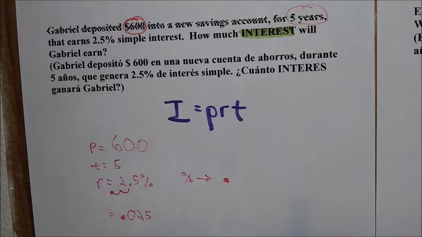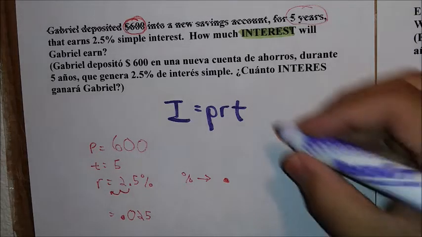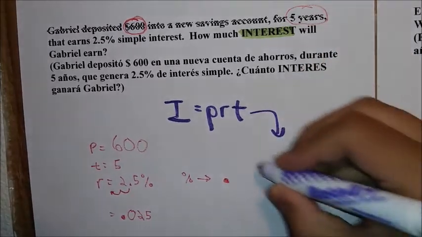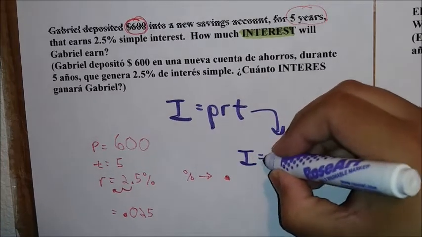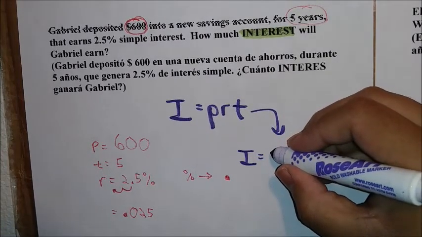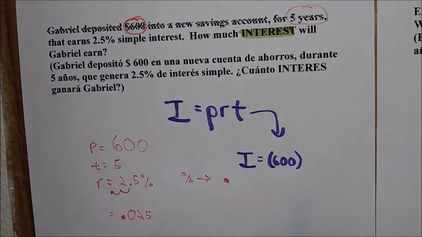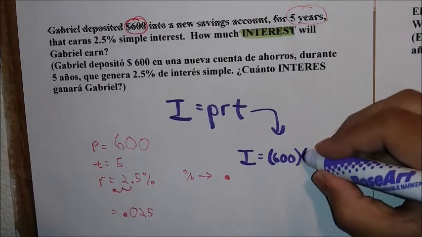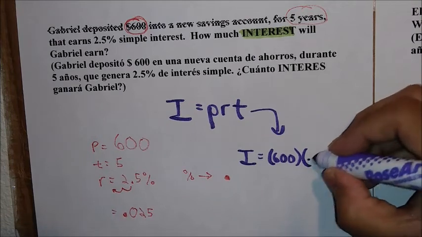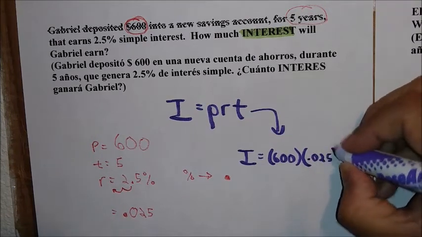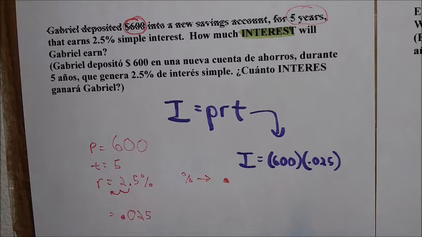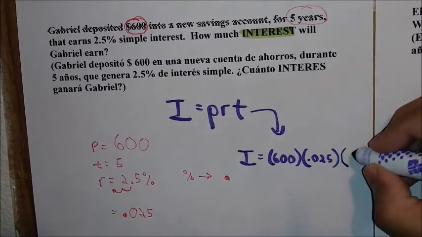Now this interest, to find it, all we have to do is plug in our numbers. Interest equals the principal, $600, times the rate, which is 0.025, times the time, 5 years.